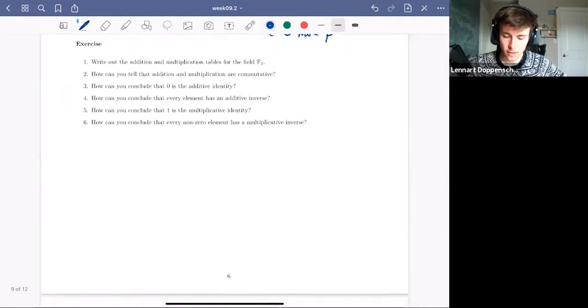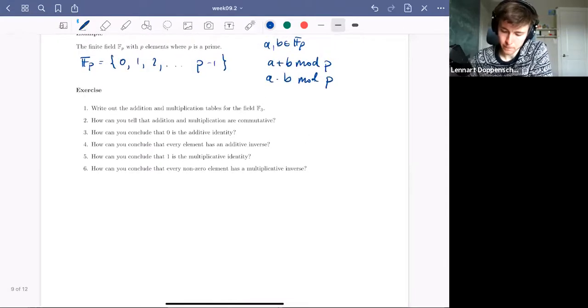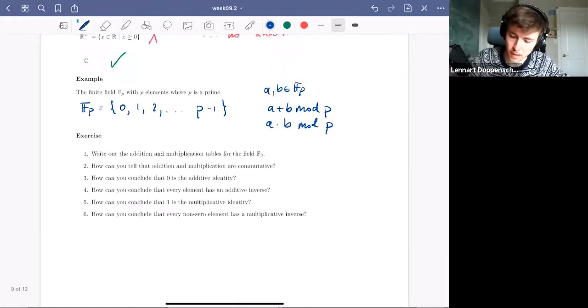Okay, so let's look at this exercise. If you have already ideas, let's just go at this, and we'll just answer this. So Shun's question is the first thing you wrote. So this is a plus b mod p, because a plus b is not necessarily in F_p. If say b is already in there, then it doesn't make a difference to mod out by p.